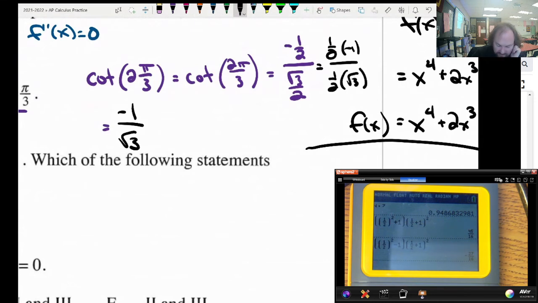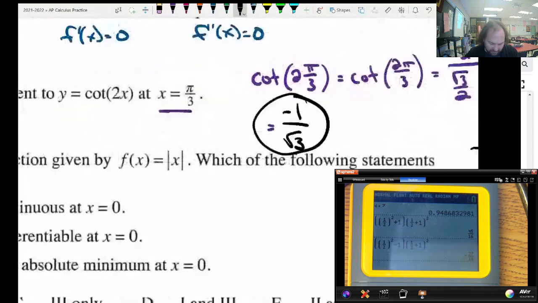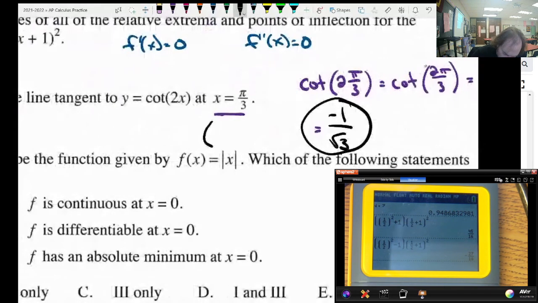And so the 1/2s actually cancel out. And then, of course, if you rationalize this denominator, which nobody ever needs to do, but actually, let's not do that. I like this answer. Rationalizing the denominator is not a thing anybody cares about. So the point is pi over 3, comma, -1 over square root of 3. That's going to be the coordinates of the point we're looking at.